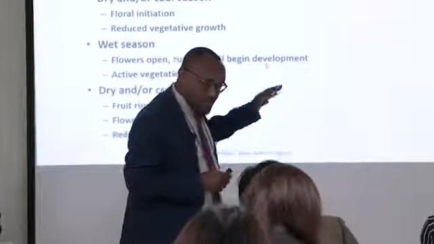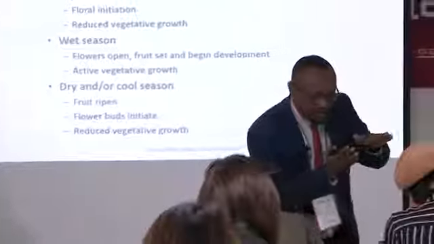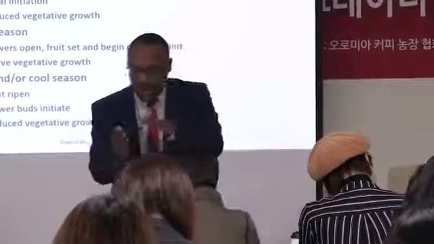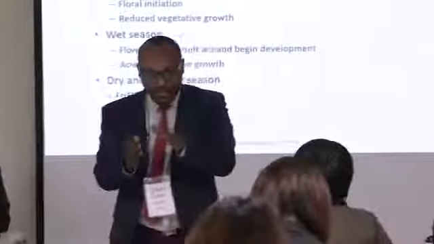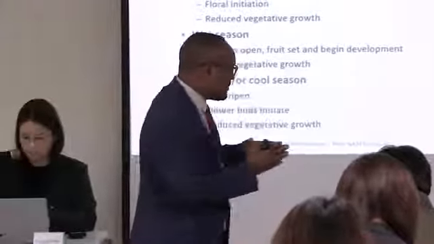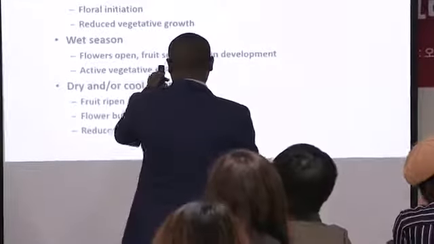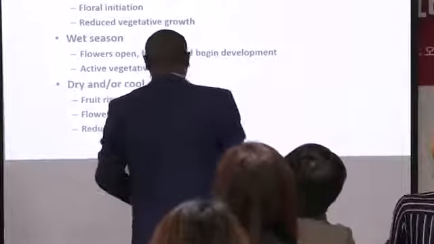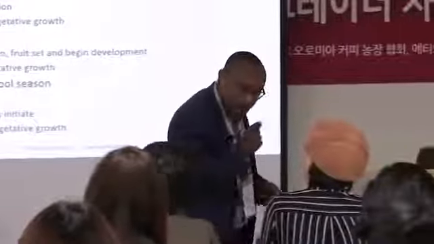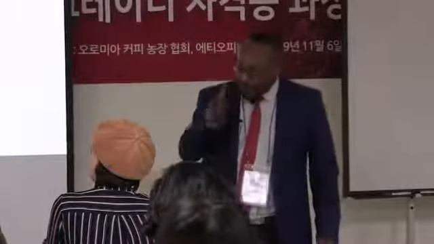So based on that, when we see the growth cycle of this coffee, it has its own growth cycle. That means it has its time to set a flower, it has its time to set a fruit, it has its time to be matured. That means the time is determined by the season. The dry and cool season is very important to initiate flower.